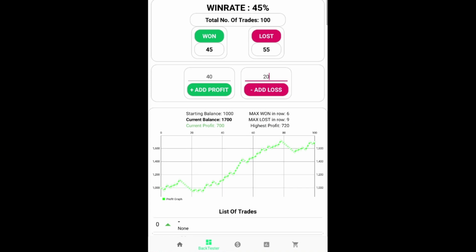Backtesting is a crucial tool for any trader as it allows us to test our strategies and make informed decisions before risking real money in the market.